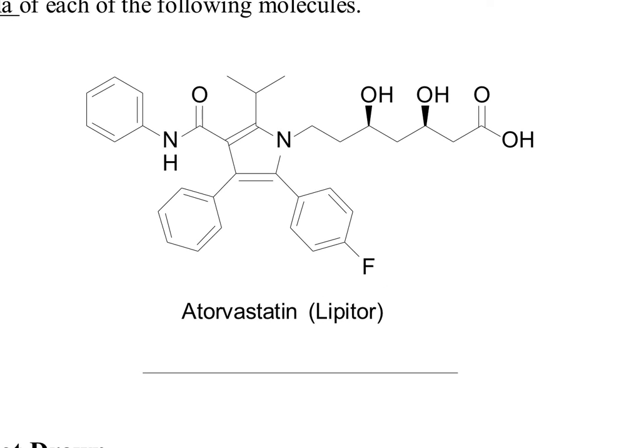All right, let's count carbons. 1, 2, 3, 4, 5, 6, 7, 8, 9, 10, 11, 12, 13, 14, 15, 16, 17, 18, 19, 20, 21, 22, 23, 24, 25, 26, 27, 28, 29, 30, 31, 32, 33. All right, hydrogens.